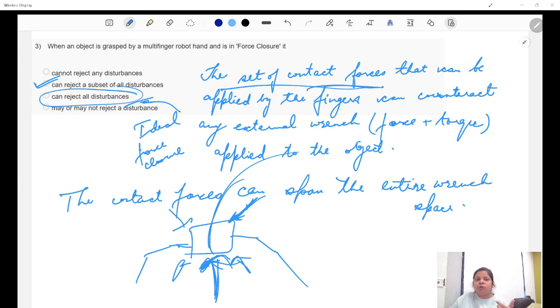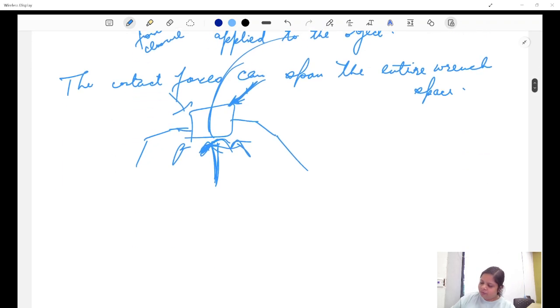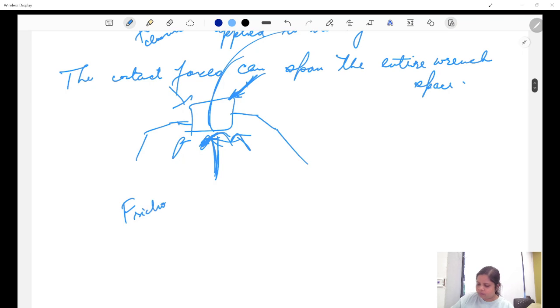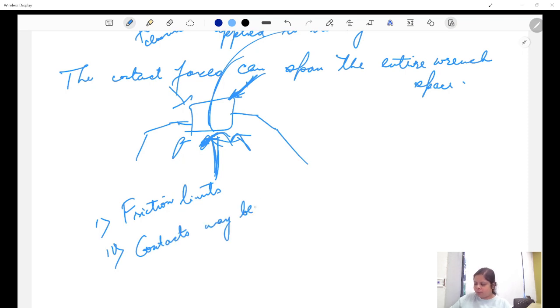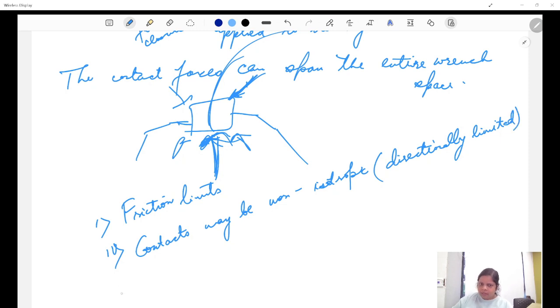But when we come to a practical and non-ideal interpretation, what we see is that we have friction limits, right? Then we also see that these contacts may be non-isotropic. What that means is that they might be directionally limited. I mean, you cannot have it in all the directions whichever you want.